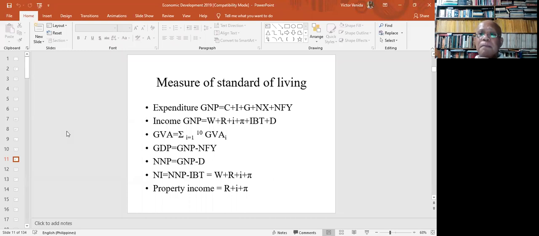Interest is the earnings on financial assets. In the financial sector, you do have a wide range of financial assets, each with its own interest rate. We have interest rate on bonds, which are debts, interest rate on deposits, and the earnings on the sale of stocks.